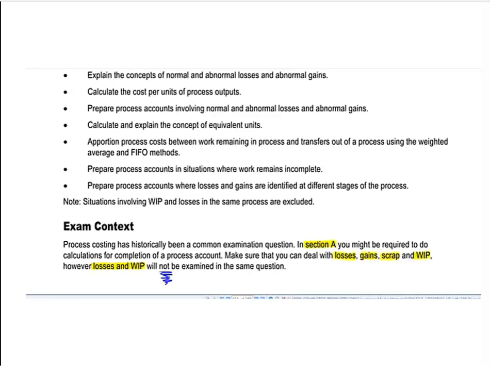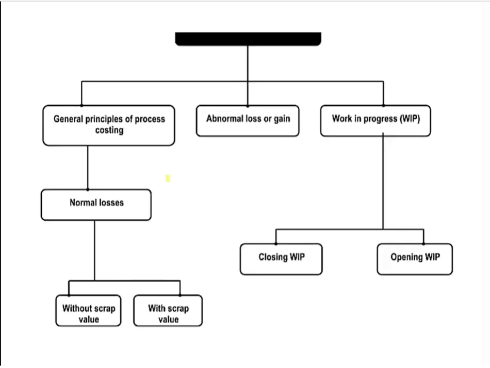Let's look at it in slightly more detail over the page on your summary diagram. So in this chapter, we're going to start off by understanding the general principles surrounding process costing and thinking about the treatment of losses. And we'll start off with normal losses, and we'll think about when they've got a value and when they don't have a value, before moving on to abnormal losses or gains, and finally to deal with work in progress.